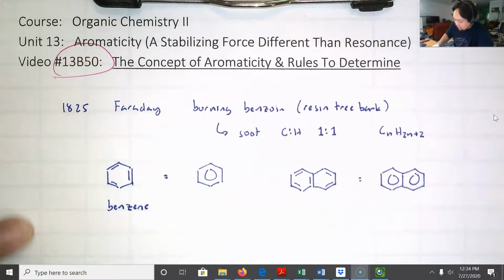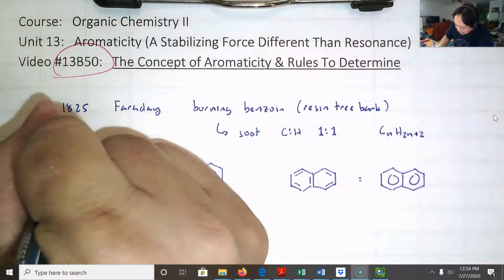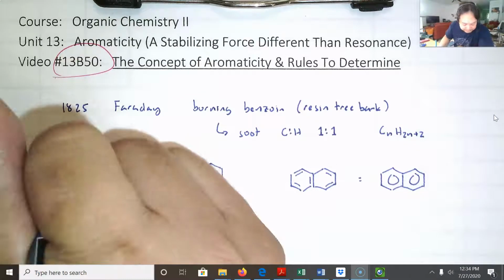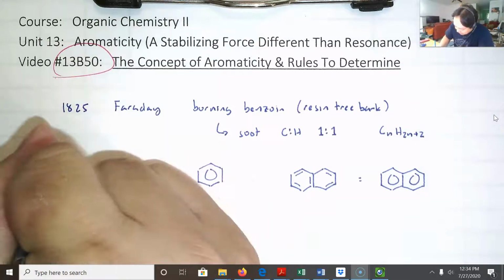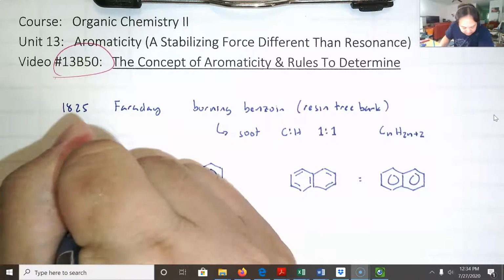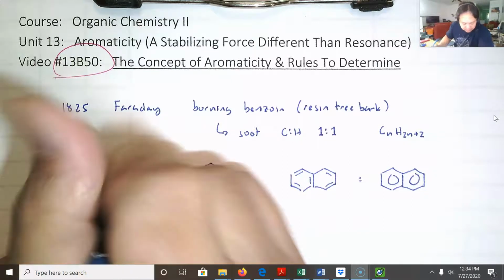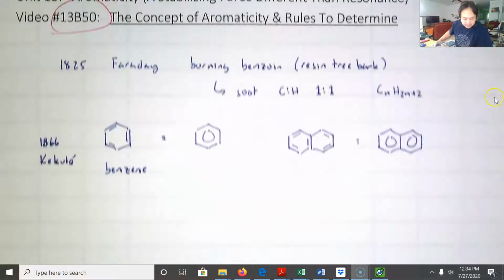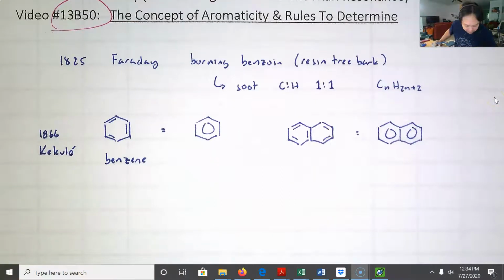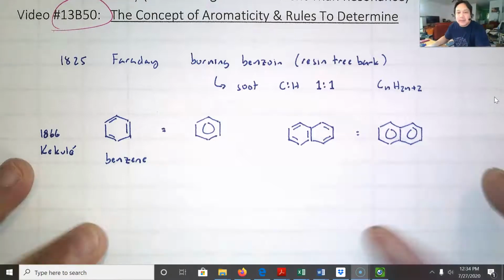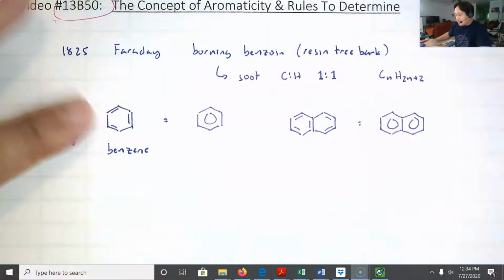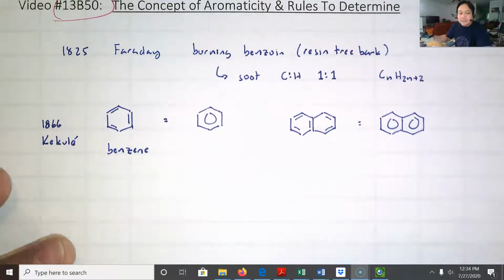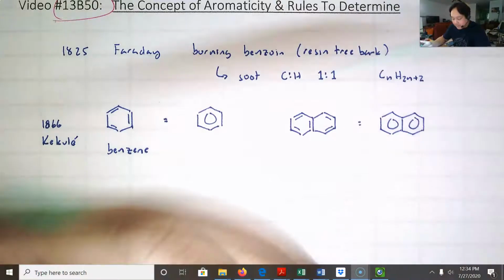So this was proposed in 1866 by Kekulé. But even if you use your models, you recall that double bonds are shorter than single bonds.